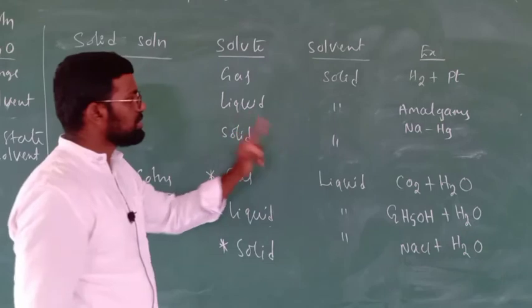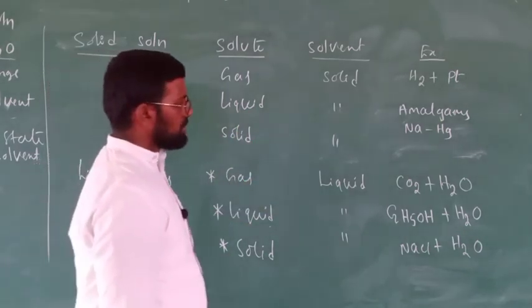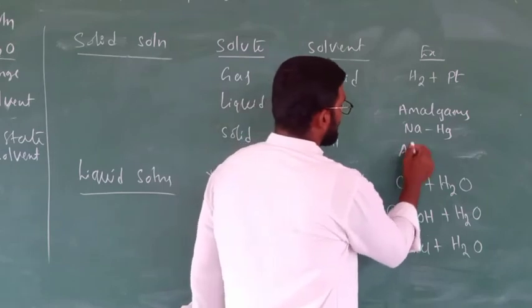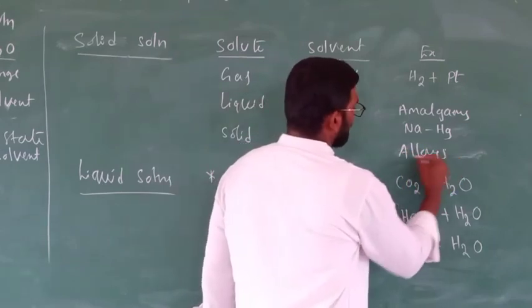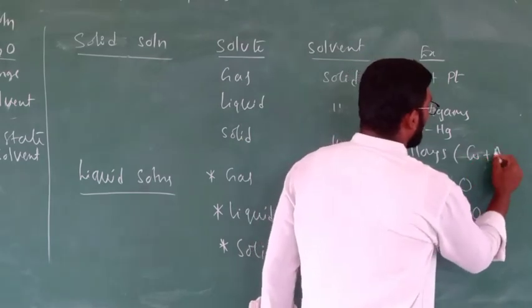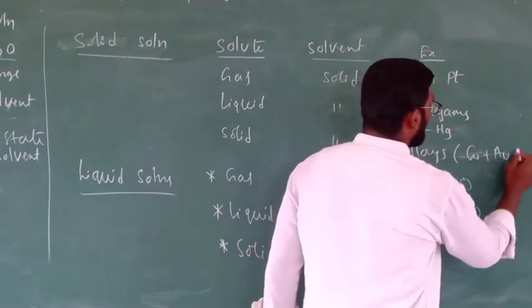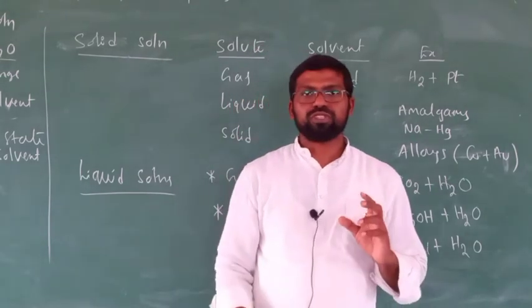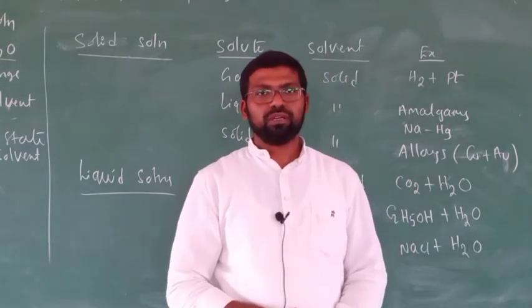Next, solid in solid type solutions. Both are solids. The best example for this is alloys. We can take copper in gold. You may know ornament gold, which is used for making jewelry.